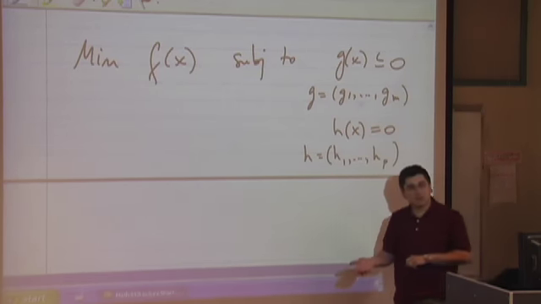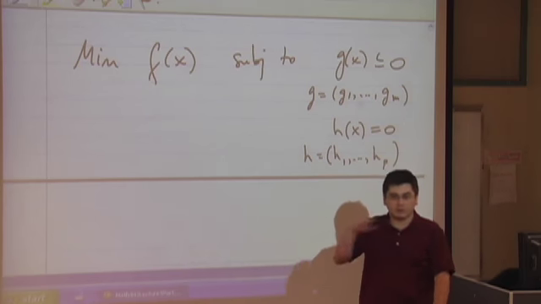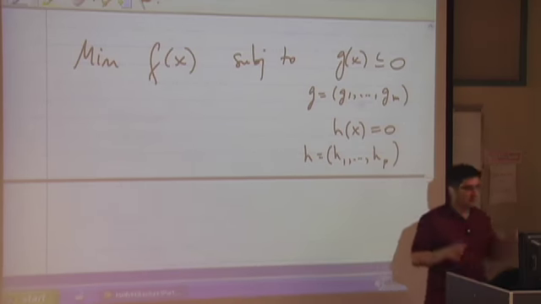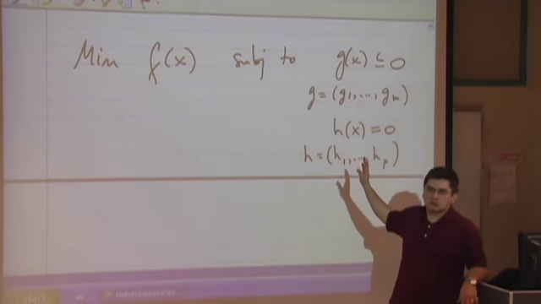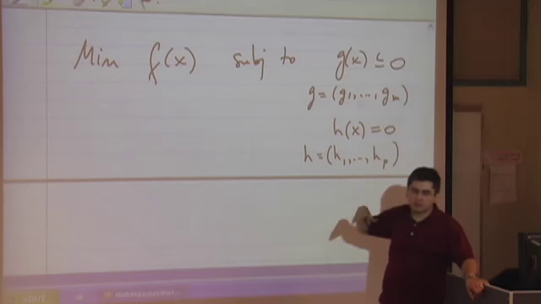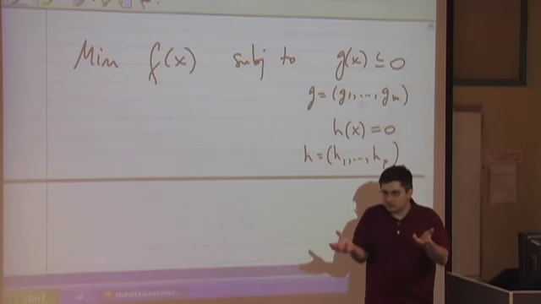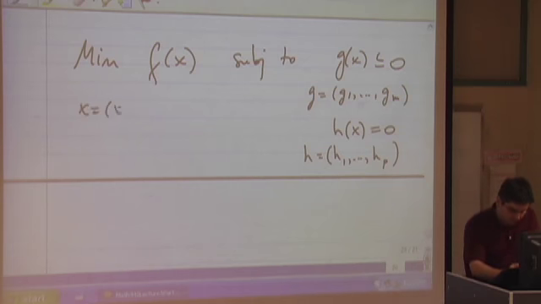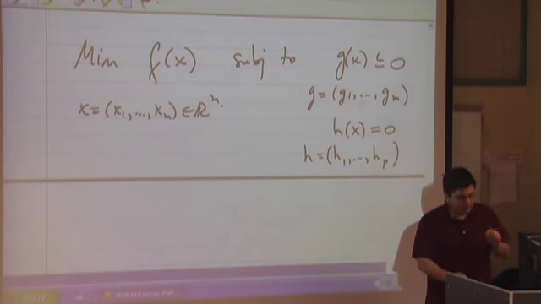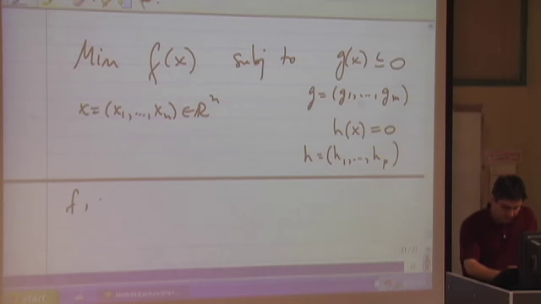If you have additional equality constraints, that basically means you're restricting even further, right? So the feasible set can look pretty general. I want to venture to say this is kind of a general set in Rn. Now, the one thing that we're going to be talking about is f, g, and h are going to be smooth functions.